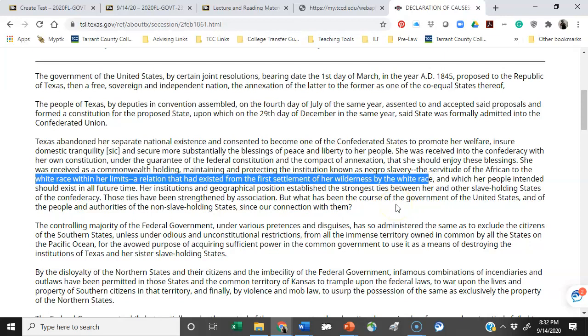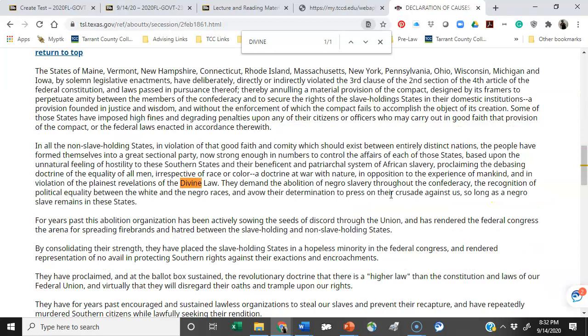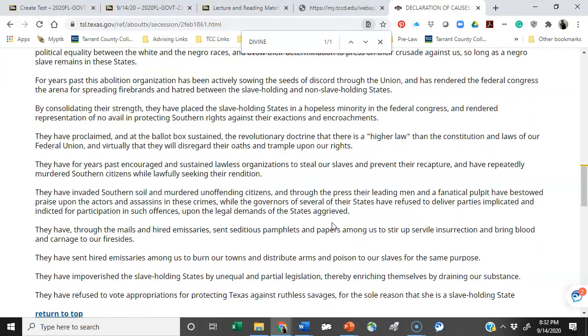And they go on to say that Negro slavery is, let me see if I can find it, divine, and that it is benevolent and patriarchal. And that if the United States government was not going to support Texas in its pursuit of remaining a slave holding state, then Texas had to leave.